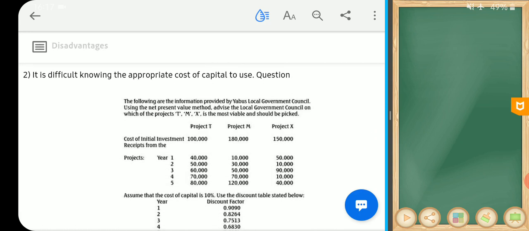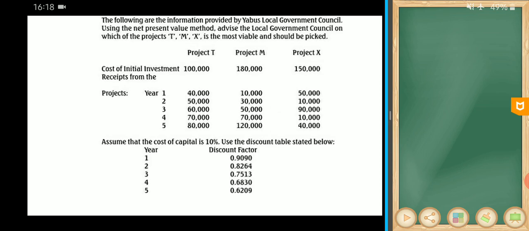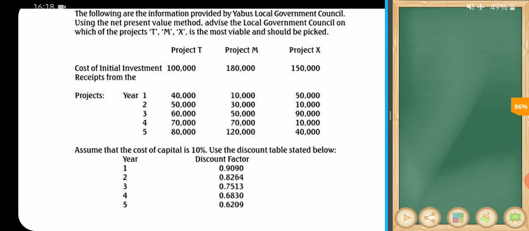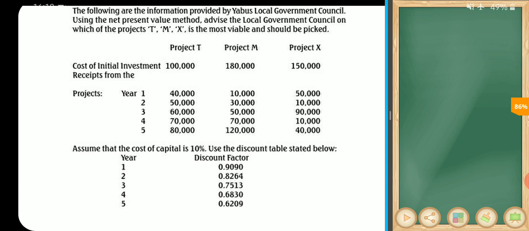Now we have a question. With this question, I'm going to show us how to calculate our NPV. Now they said the following are the information provided by Yabu's local government council. Using the net present value method, advise the local government council on which of the projects TMX is the most viable and should be picked.